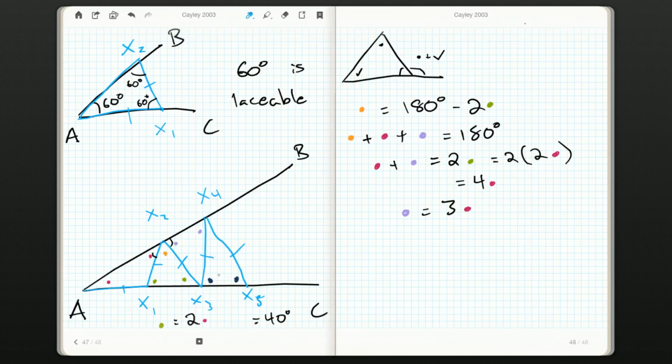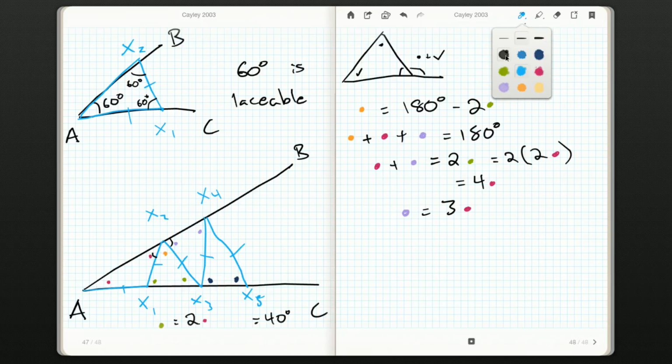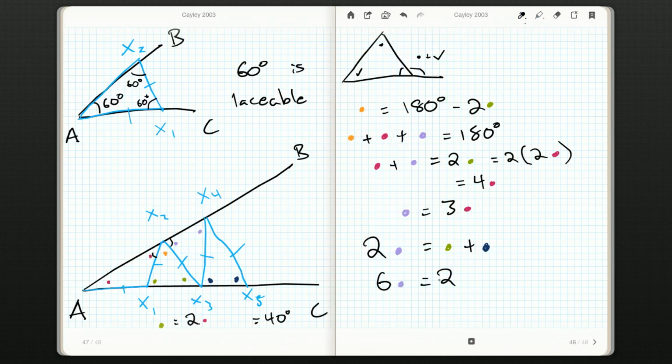And now this one, we can see twice purple dot is the same as green dot plus dark blue dot. Okay, and we can put all of these in terms of our starting dot, which is red dot. So purple dot is 3 of those, so we've got 6 red dot is equal to, well, the green dots are twice red dot.